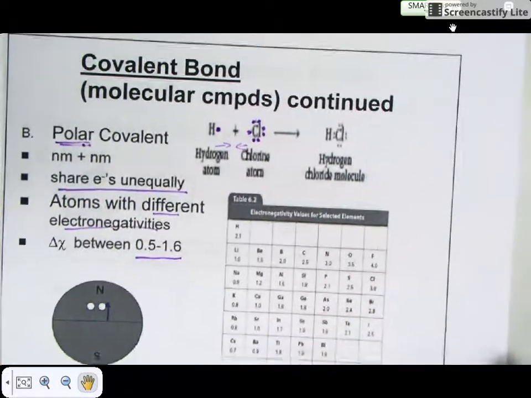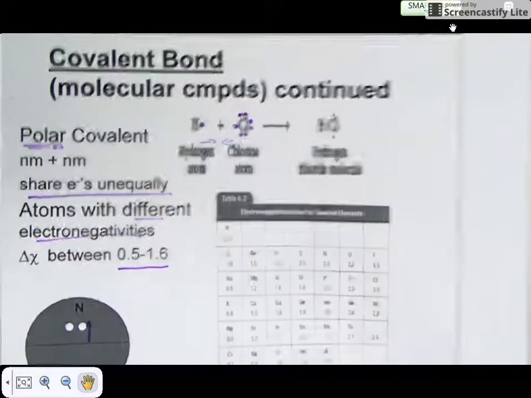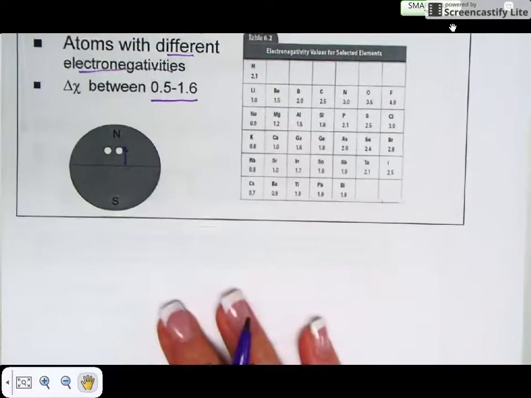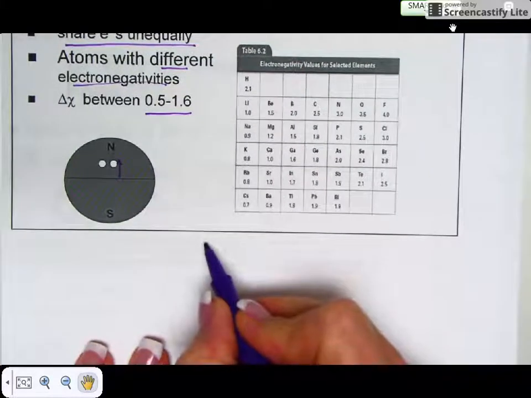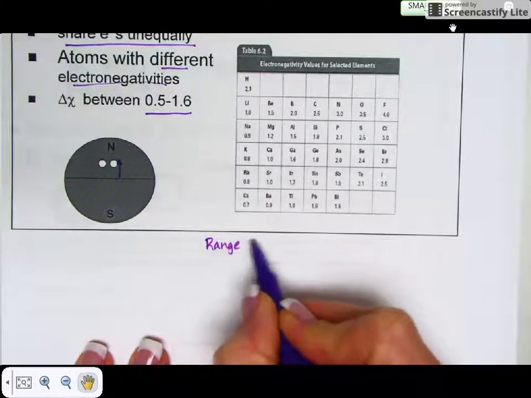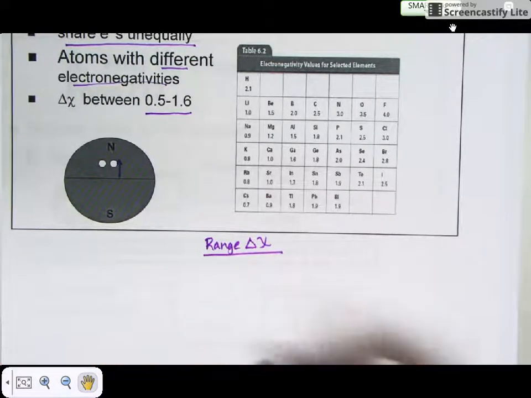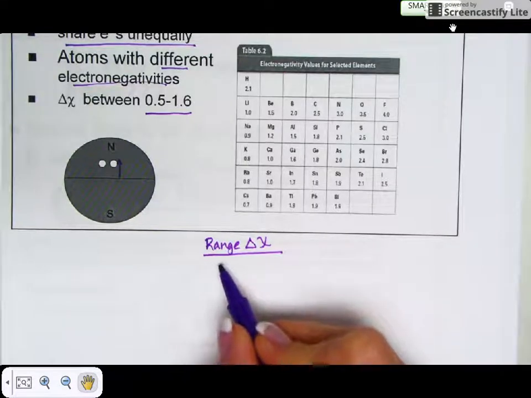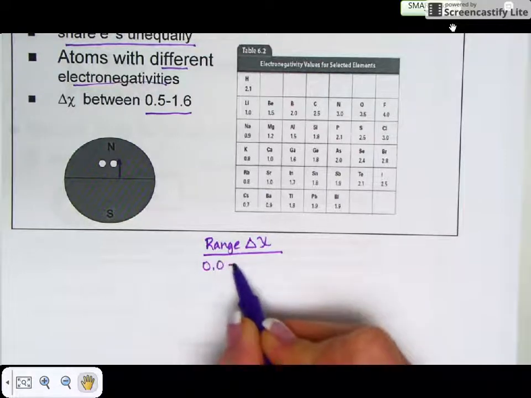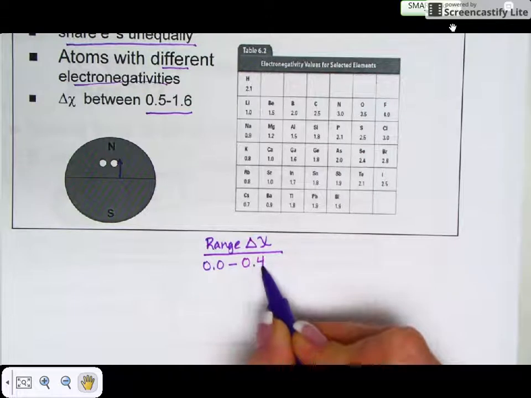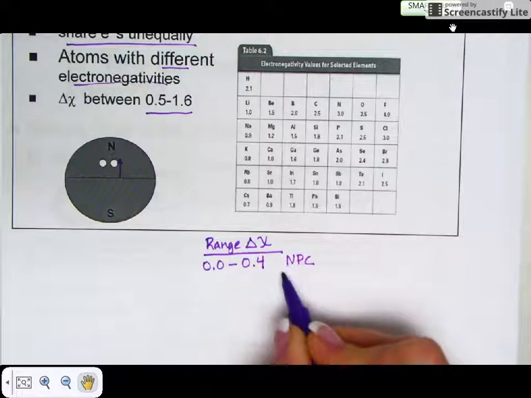All right, so let's look at our electronegativity table and do some examples. How would we actually figure this out? We're going to classify some types of bonds. First of all, let me summarize the ranges of the delta X, the electronegativity difference. When you subtract your electronegativities, if you get a delta X value between 0.0 to 0.4, then we would call that a nonpolar covalent bond.